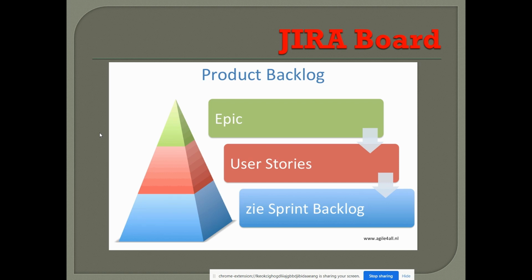From the product backlog, we get an epic, which is a complete feature implementation. For example, if the user expects a login page implementation, with authentication and multi-factor authentication, that will be created as one epic.